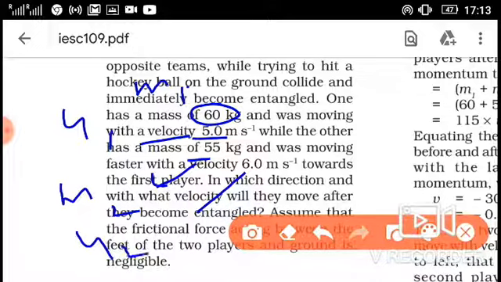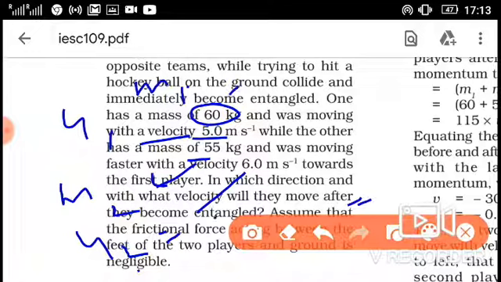But you take either u1 or u2 as minus, because they are moving in opposite directions, so you can take u2 is equal to minus 6. Otherwise you can take u1 is equal to minus 5, means of these values, one value you should take negative.